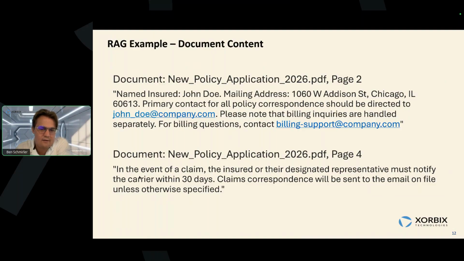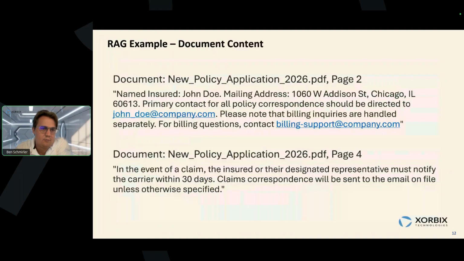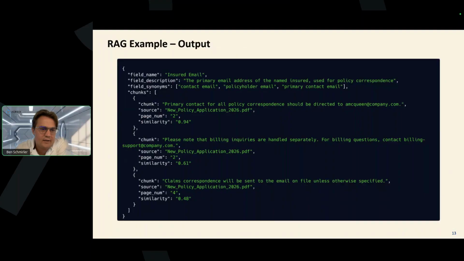And then page 4 contains a claim duration, perhaps. So there's different types of data in each of these contents. Then this is an example of the output, right? So it would take both of these chunks and formulate them into this output here.